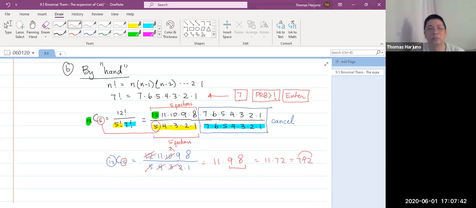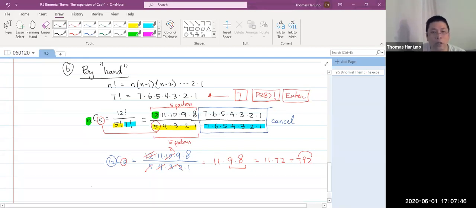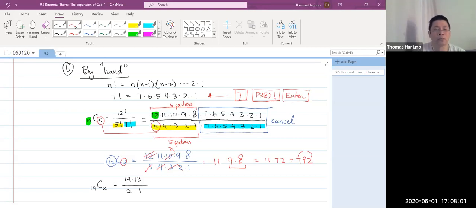Okay, now notice that this method will be quite useful if I had used this to compute 14C2. Why? Because 14C2 means start from 14, I just need 2 factors, and at the bottom I get 2 times 1. That's all. And I can cancel this, I get 7. So 7 times 13 is 91.